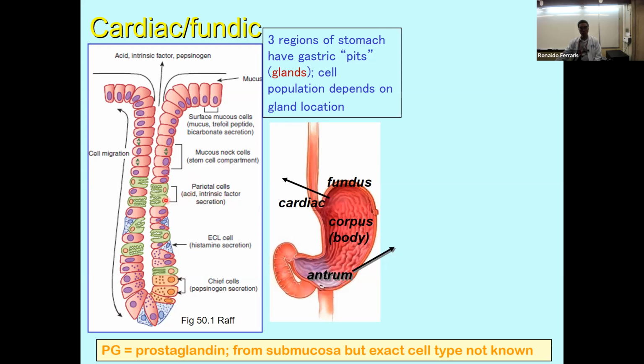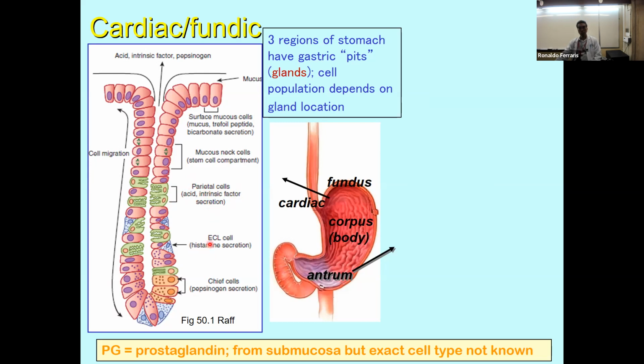Parietal cells are these crocodile-looking cells here. They are responsible for secreting acid and intrinsic factor, which I will tell you about, and which is necessary for cobalamin, vitamin B12, absorption.